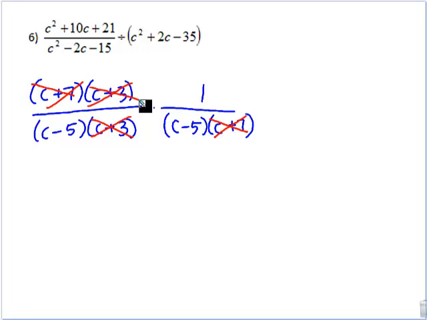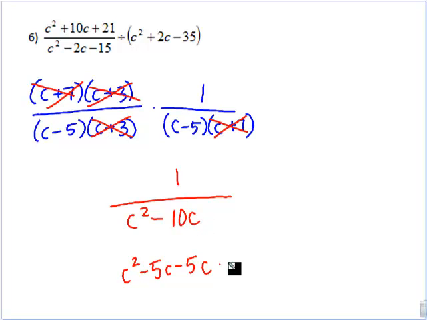Okay, so we are left with, in our numerator, 1 over c minus 5 times c minus 5, so we'll have to distribute that or FOIL that. Yep, so c squared minus 5c minus 5c, which makes it minus 10c, and then plus 25.